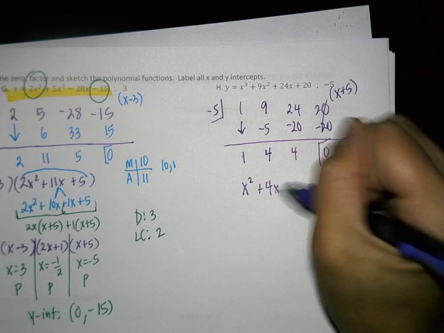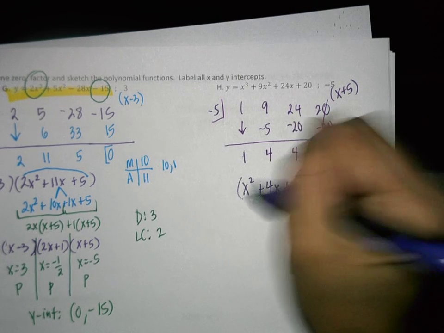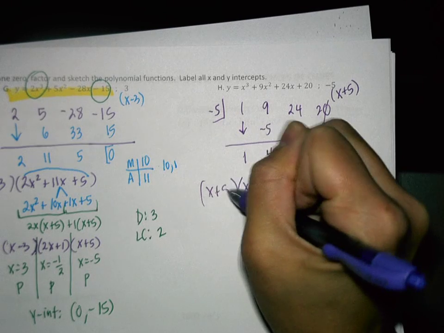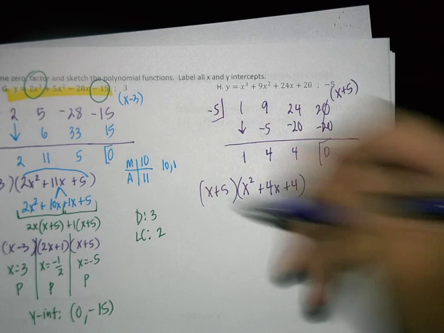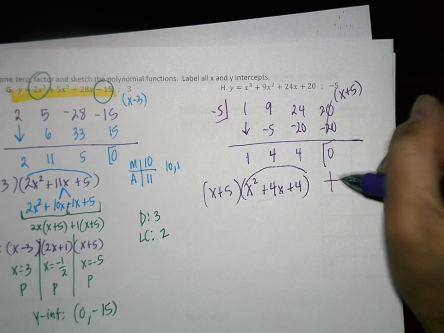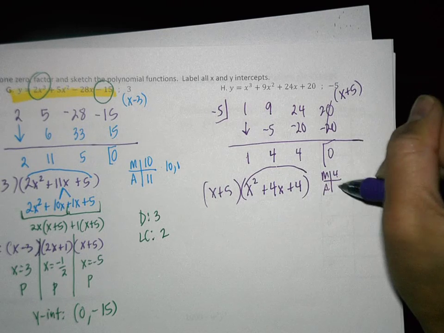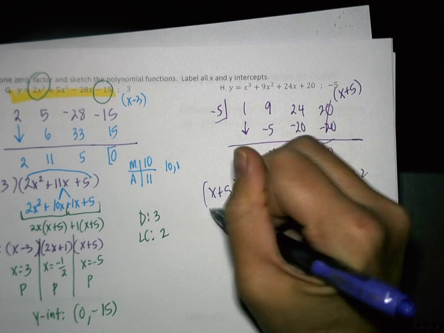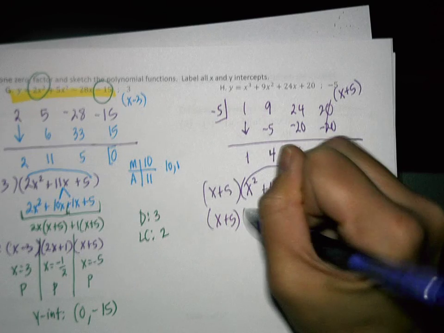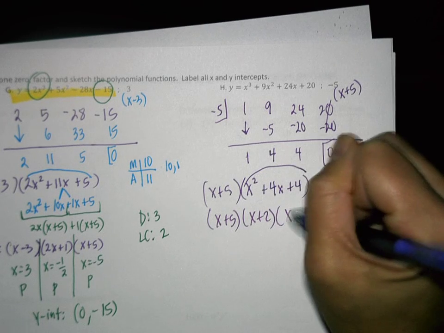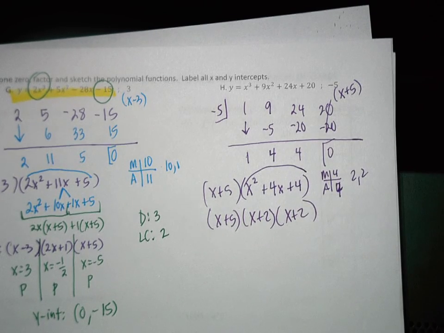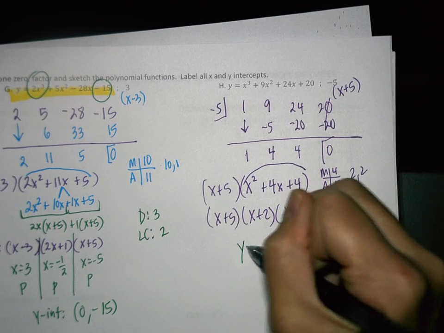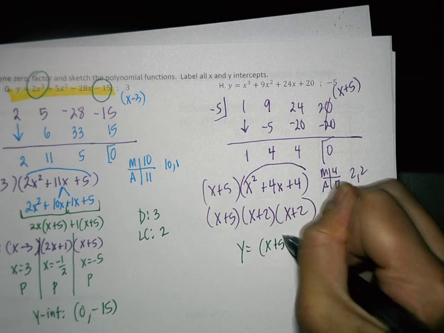Okay, and then I still have what here? What's the parenthesis in front? X plus 5. What factors multiply to be 4 and add to be 4? 2 and 2. Good. So that means we get x plus 5, x plus 2, x plus 2. But how would I rewrite that? Good. So y equals x plus 5 and x plus 2 squared.